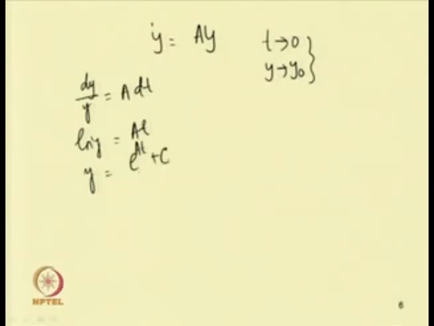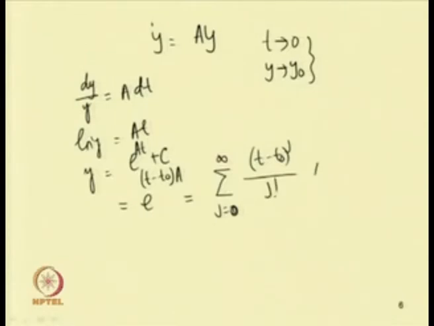The solution can be written as e to the power A(t minus t0), which equals the sum over j equal to 0 to infinity of (t minus t0) to the power j by j factorial into A to the power j. So, one can get the solution from this equation.